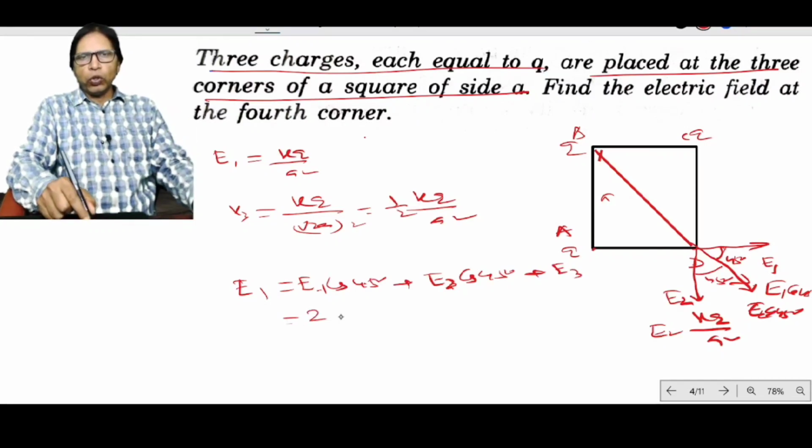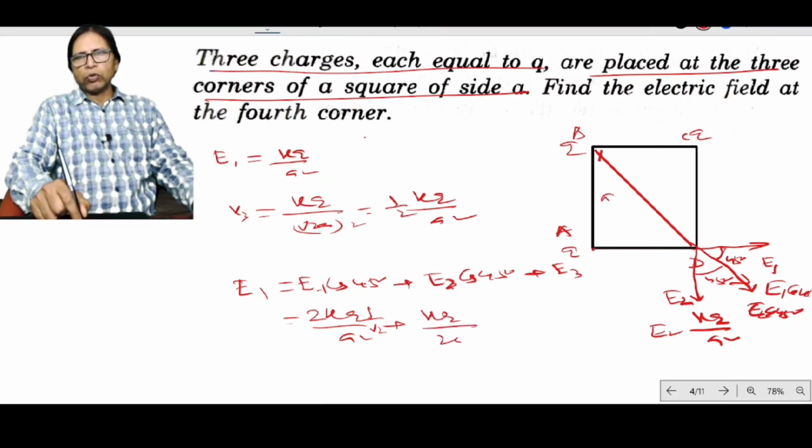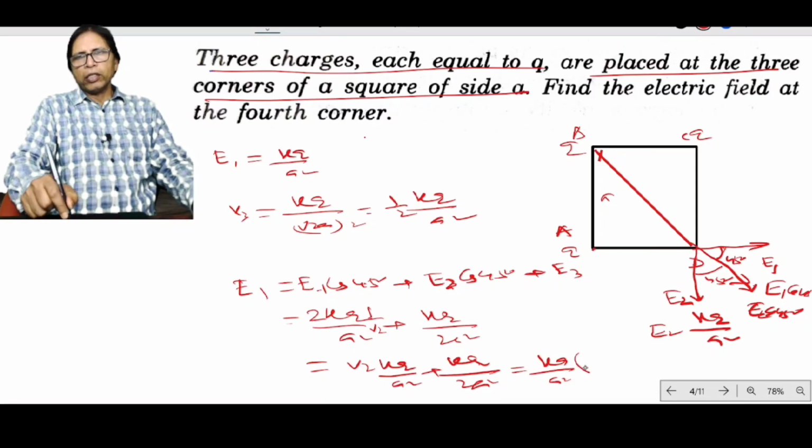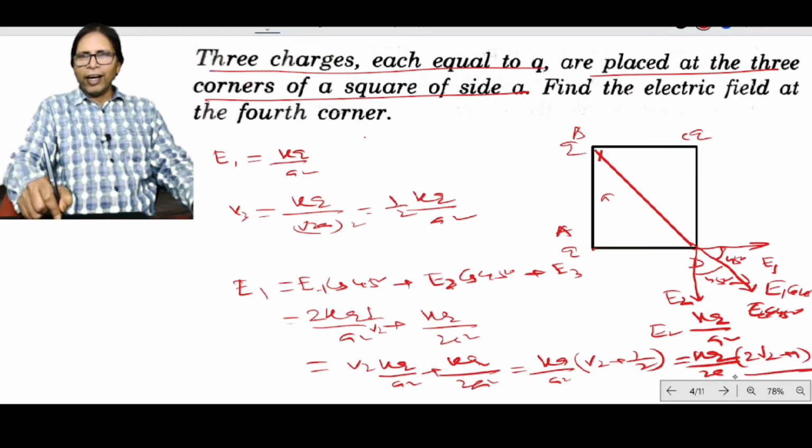So this is 2 into kq by A square into 1 by root 2, plus E3 which is kq by 2A square. So this is root 2 kq by A square plus kq by 2A square. So kq by A square into (root 2 plus 1 by 2). So this is kq by 2A square into (2 root 2 plus 1). Okay. Understood? Next.